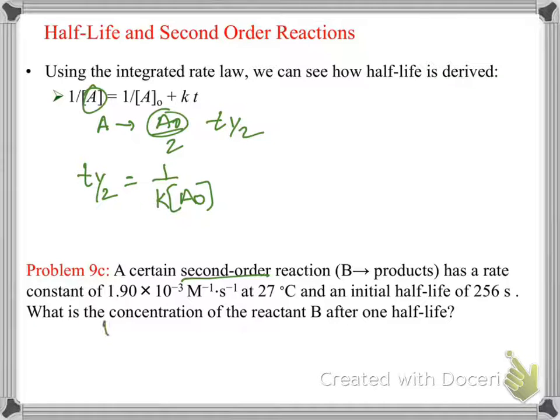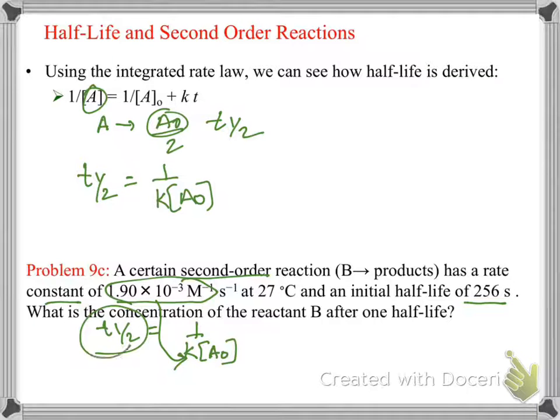So you have T half equals 1 over K A naught, where K is the rate constant, this is the value of K. Initial half-life means they gave you T half, 256 seconds, and now you have to find A naught. So solve this question, and then we can discuss the answer for this in the class.